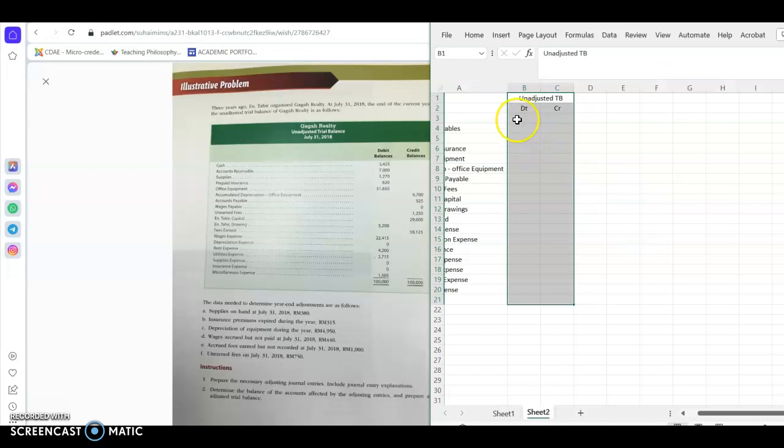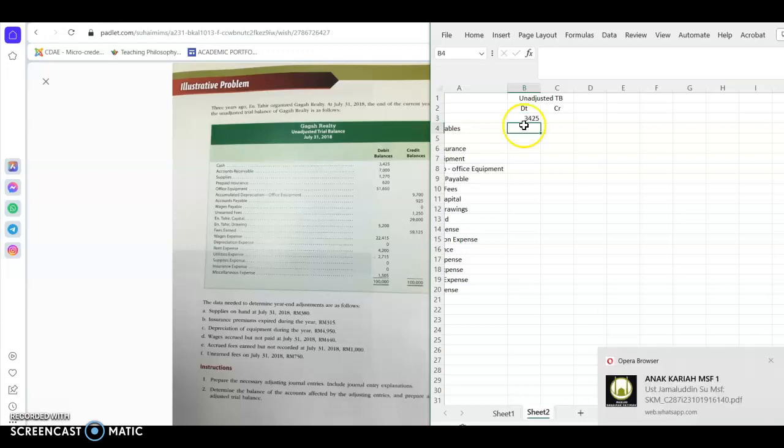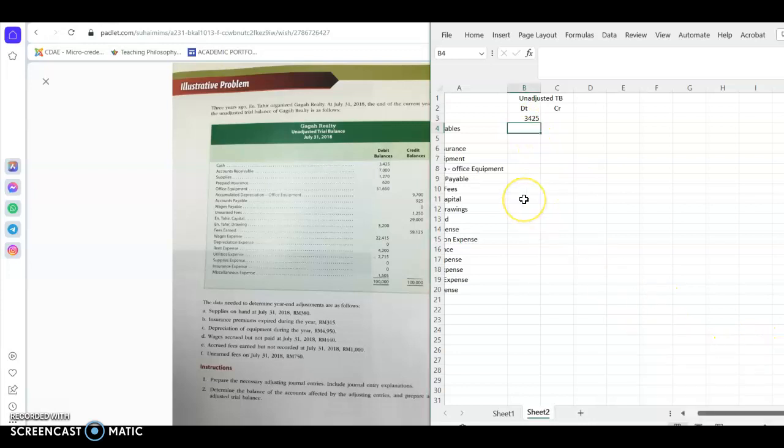Okay, later on. Okay, debit side cash 7,000, 1270, 620, 51650, 9700, 9250, office equipment.